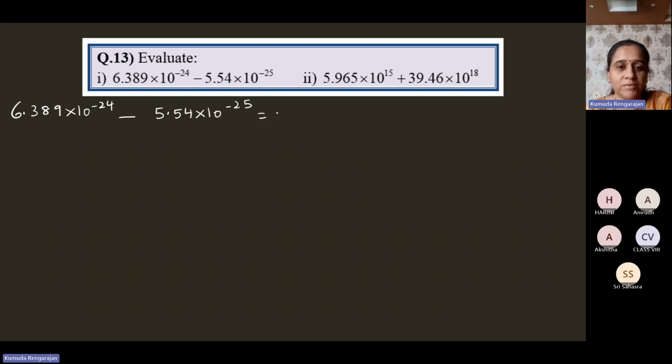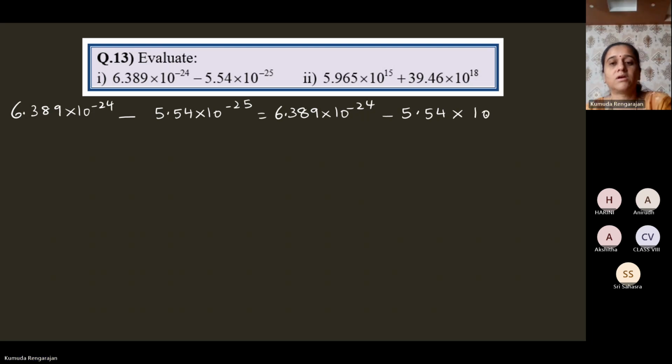Okay, so what we do, we'll write 6.389 into 10 to the power minus 24 as it is. Now the smaller power, we're going to write using minus 24.